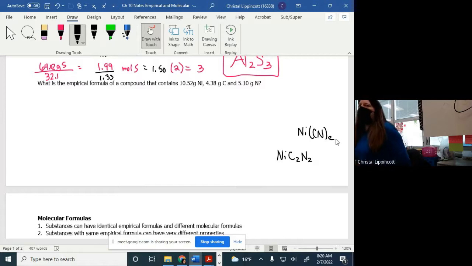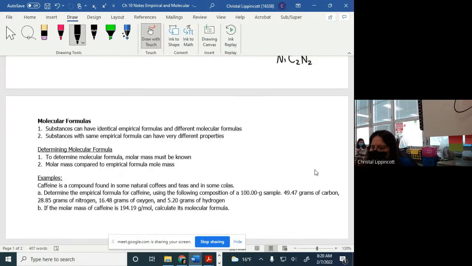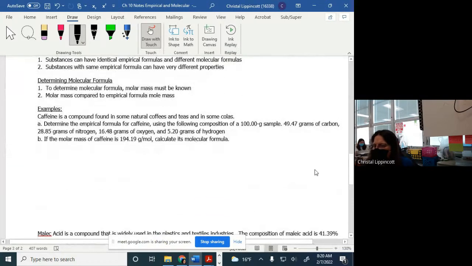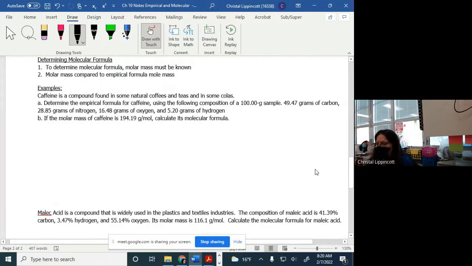All right. Anybody not ready for molecular? Okay. So molecular is just one extra little bit of a step beyond empirical. To do molecular, you have to figure out empirical first.